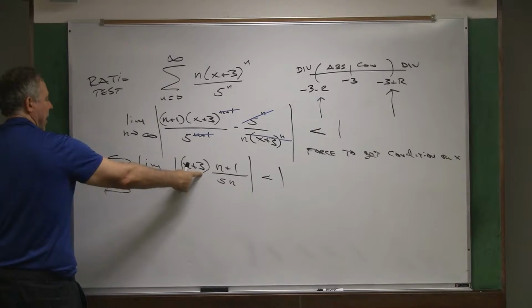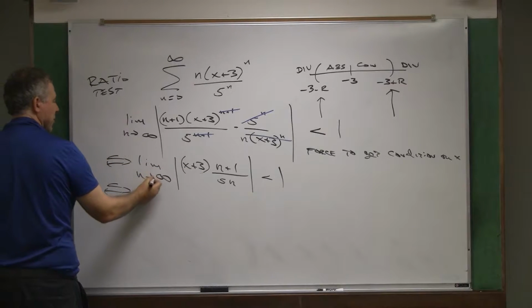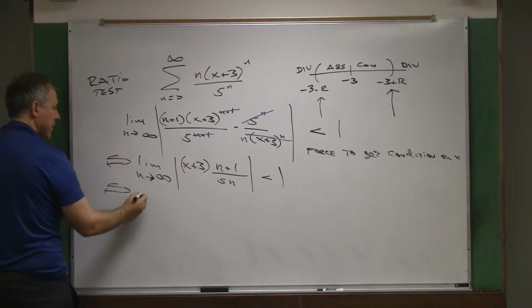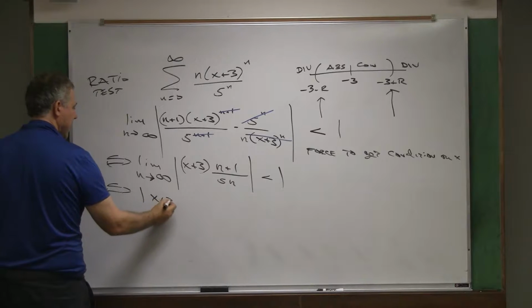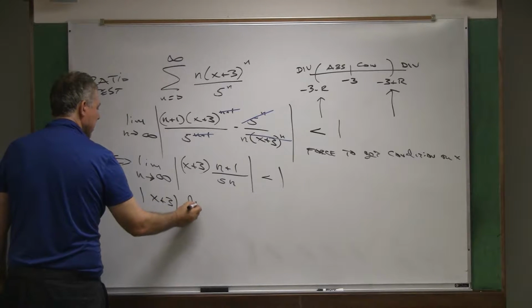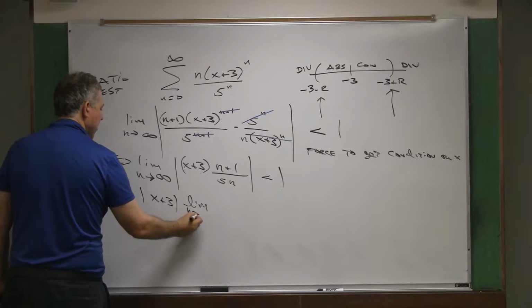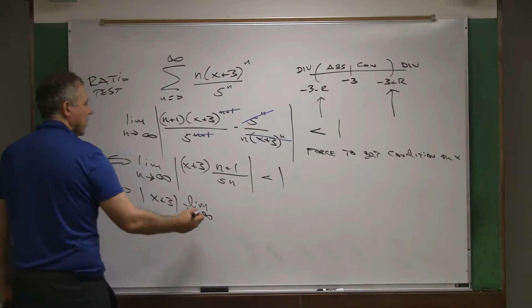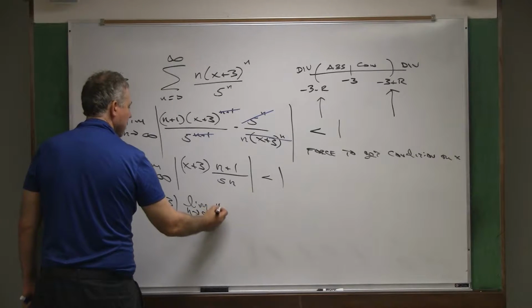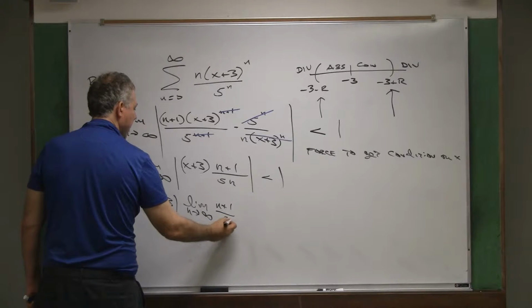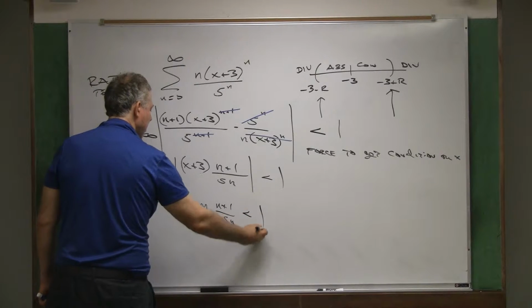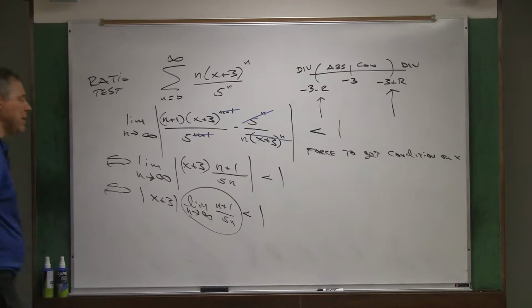x plus 3 is a constant as far as n is concerned on its journey towards infinity. We can take that out. Absolute value of x plus 3, limit as n goes to infinity of n plus 1 over 5n is less than 1. What is this limit? You know what that limit is. 1/5.